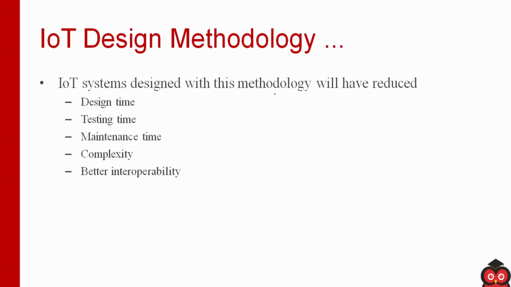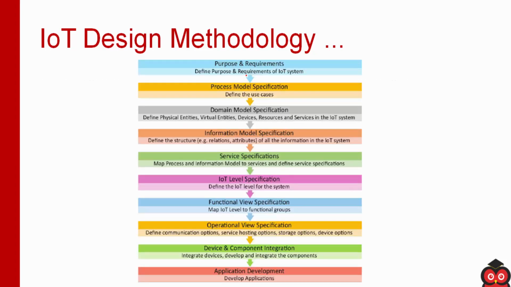By using a design methodology that is not tied to any specific technology or service, we can reduce design time, testing time, maintenance time and complexity, and it also provides better interoperability since it is not tied to any specific products.